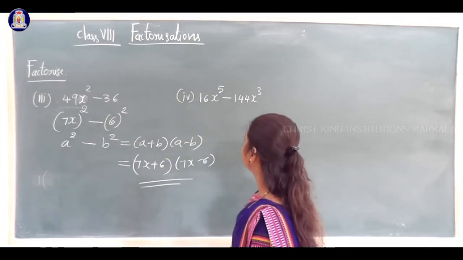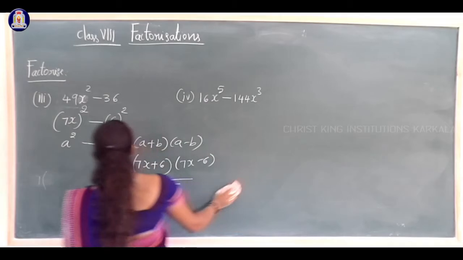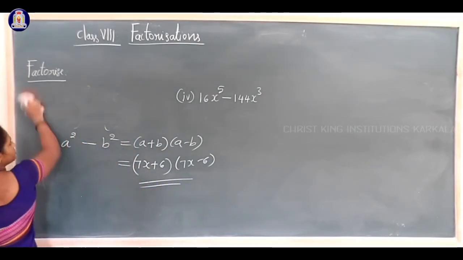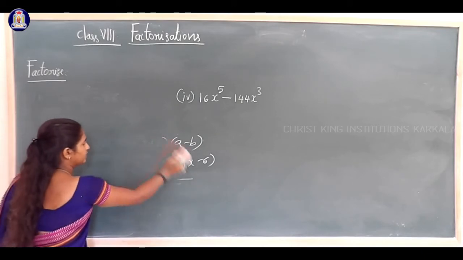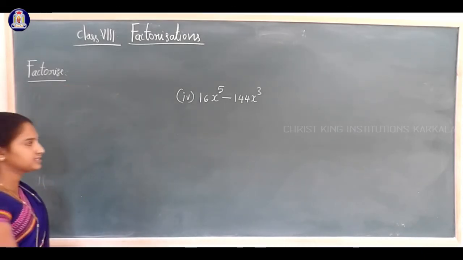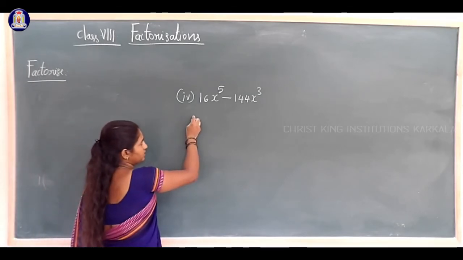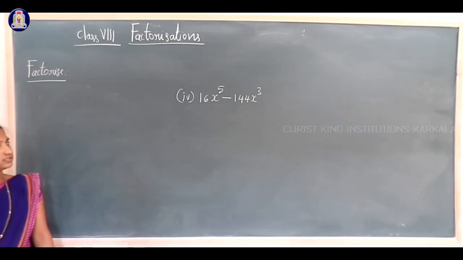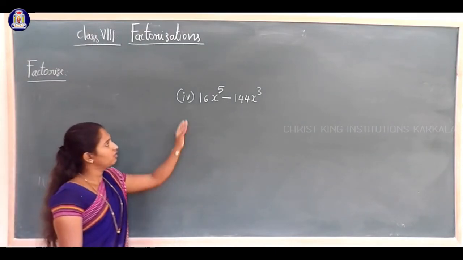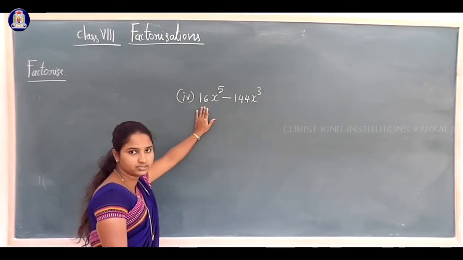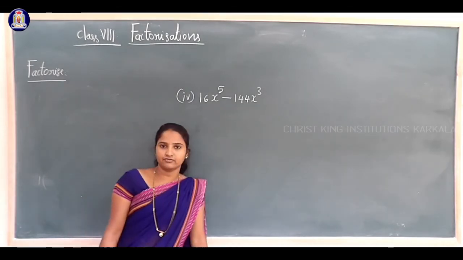Now the fourth question, 16x power 5 minus 144x cube. Okay, see, 16 is a perfect square and 144 is a perfect square. We can take a common factor outside in this because 16 divides 144.